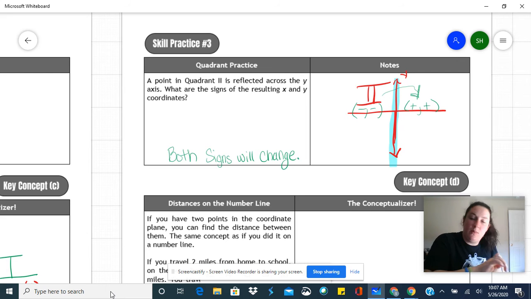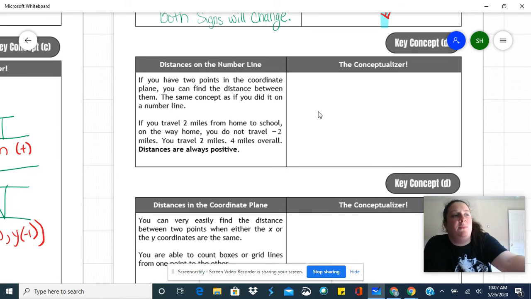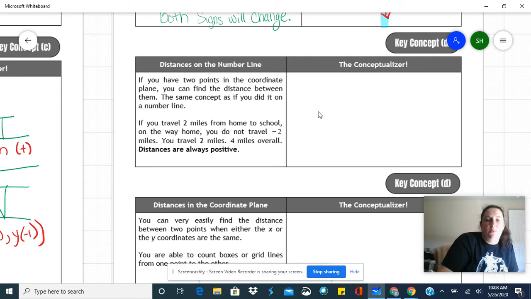So, one more concept. Distance on the number line. Nobody really likes distance, but we gotta do it, right? So, you have options. When you're using a number line, you can just count. You don't necessarily need to use the distance formula, but we also like to know both, right?